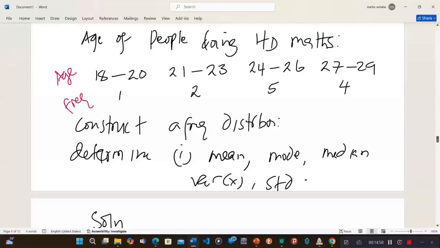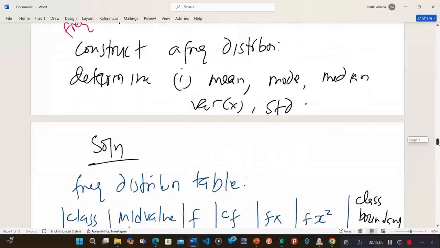We are told to construct a frequency distribution table and determine mean, mode, median, variance of x, standard deviation, and quartiles. We shall also need to determine the quartiles Q1 and Q3.